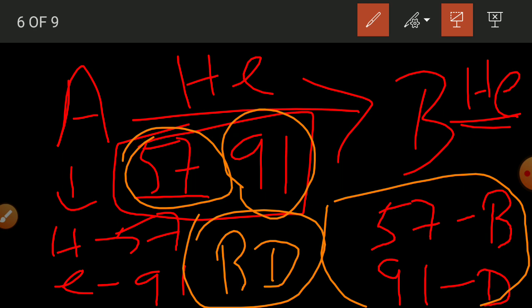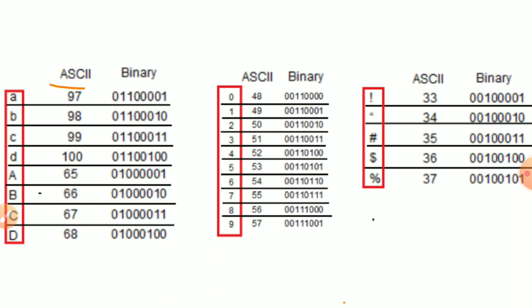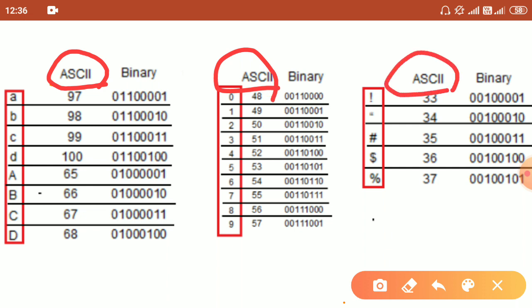This is exactly why you need ASCII. You need a certain standard that will be followed by everyone throughout the world, so that our message is coherent.